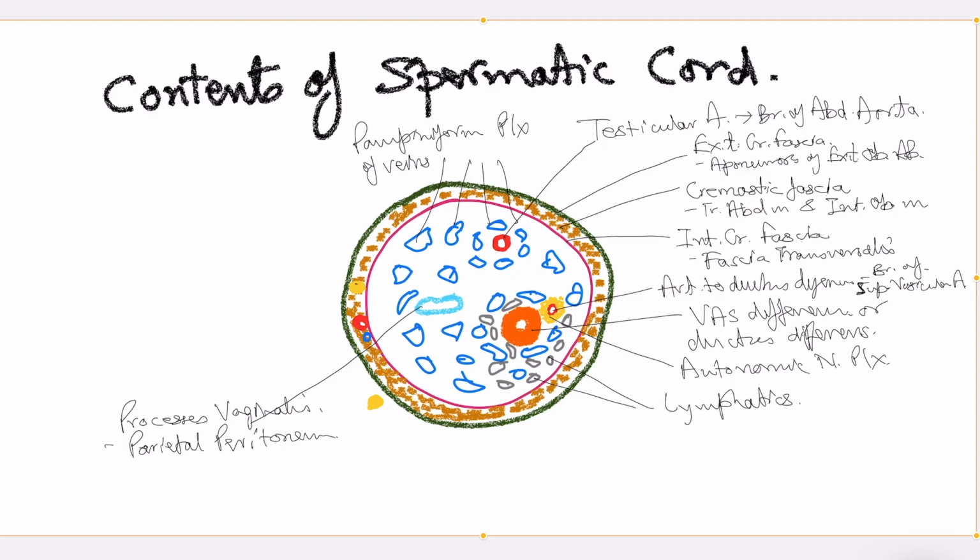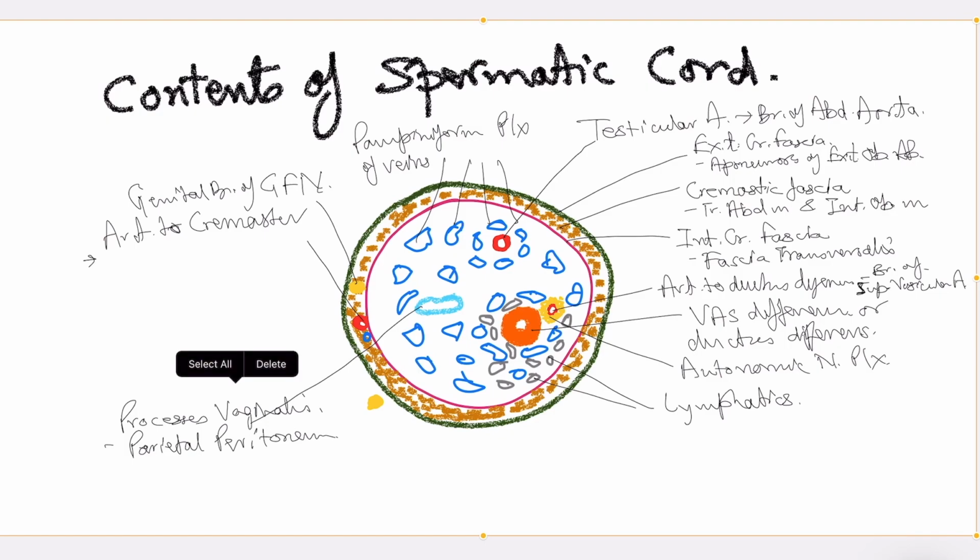Within the cremastic fascia, this was the genital branch of the genitofemoral nerve supplying cremastic fascia. And what was this? This is the artery to cremaster. Remember, it's a branch of the inferior epigastric artery. Then this blue colored vein, of course, will be the vein from the cremastic fascia.